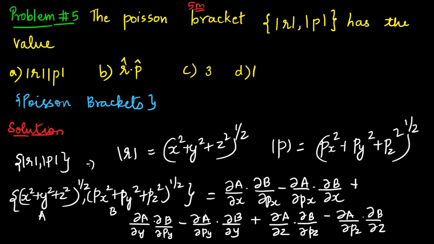And then if you see the last terms, that is the minus terms, will all vanish because the B term will not have any x component, and also A does not have any px component. Hence, the minus terms will vanish.